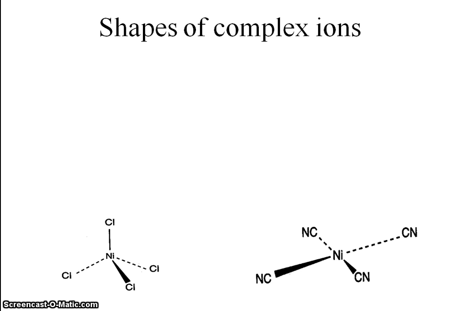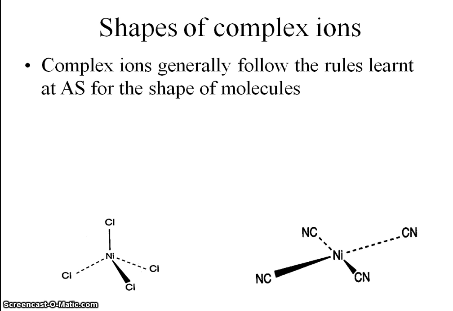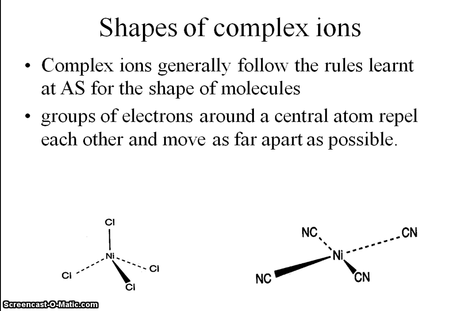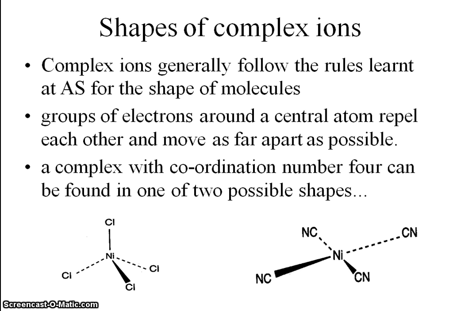Let's take a look at the shapes of these complexes. So there is a revision video on the shapes of molecules from last year's work which you can look at. You'll remember that the electron groups around the central atom repel each other and move as far away from each other as possible.